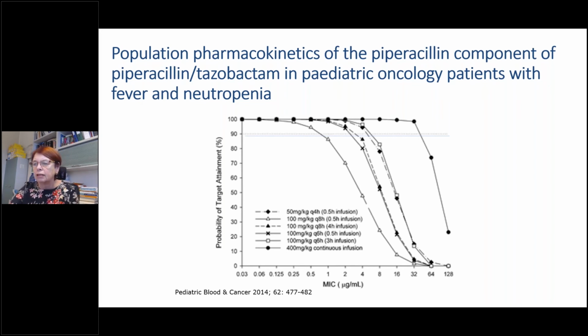But let's say we want to get the best for our children, so we want a probability of target attainment of 90%. And if you have very susceptible microorganisms, MIC up to 1, it really does not matter what dosing regimen. And here are different dosing regimens listed. It really does not matter what you use. This antibiotic is going to work anyway.